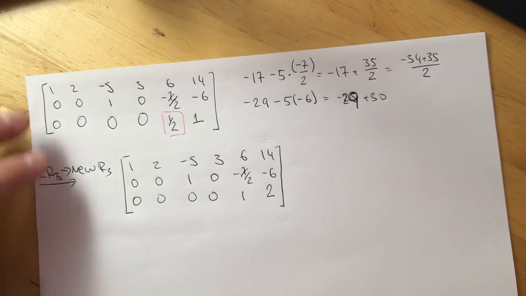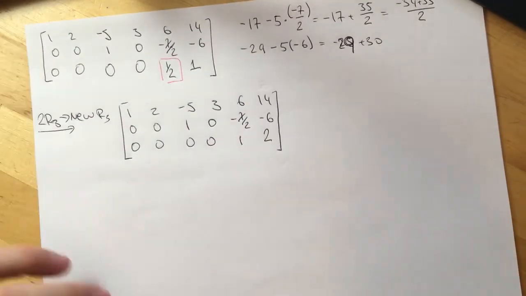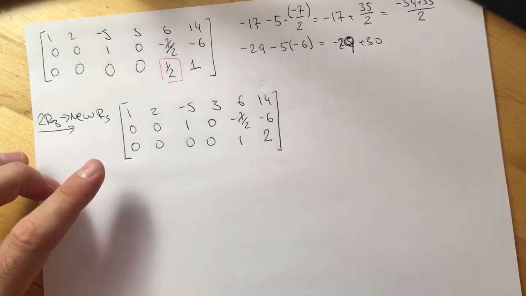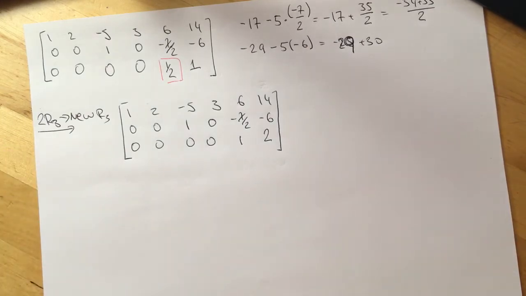Okay, so this is the echelon form of the matrix, but we said write down the reduced version of this matrix, which means that we have to eliminate not only the entries below the leading ones, but also the entries above the leading ones.